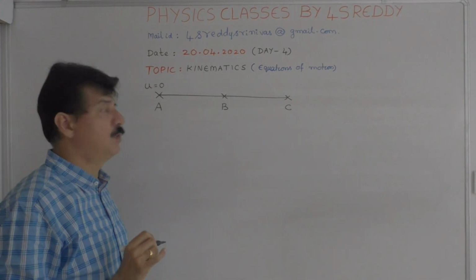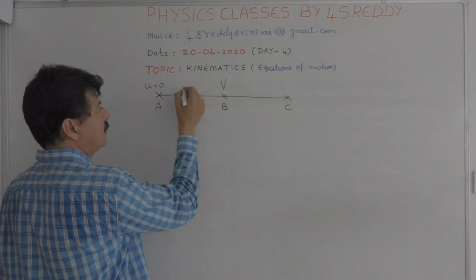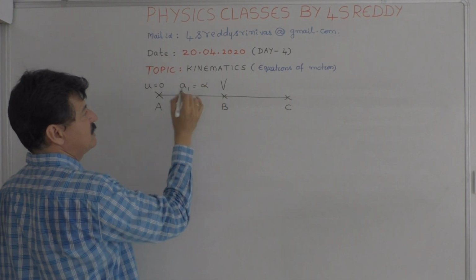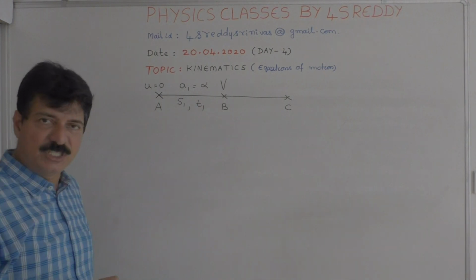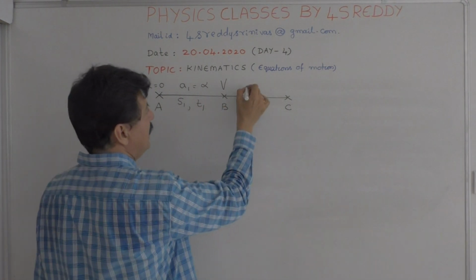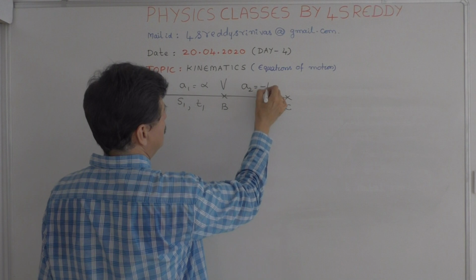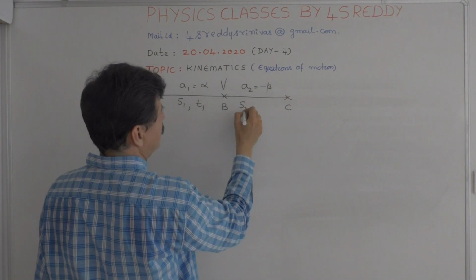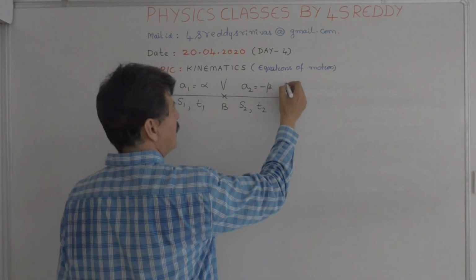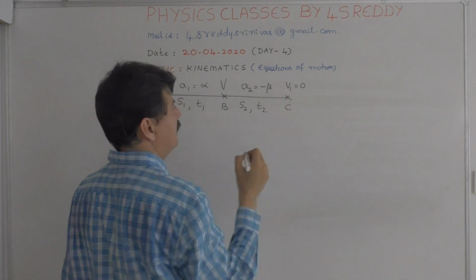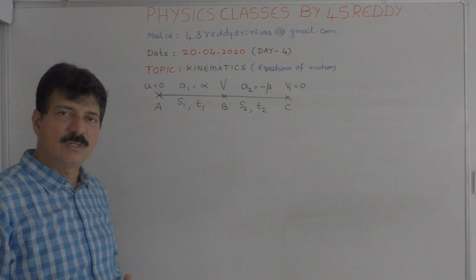Initial velocity is 0. While reaching this, suppose it travels with the acceleration a1 equal to alpha, travels a distance S1 for a time T1, and thereafter it travels a distance S2 for a time T2 with retardation beta while coming to rest at another place C, as v1 is equal to 0.